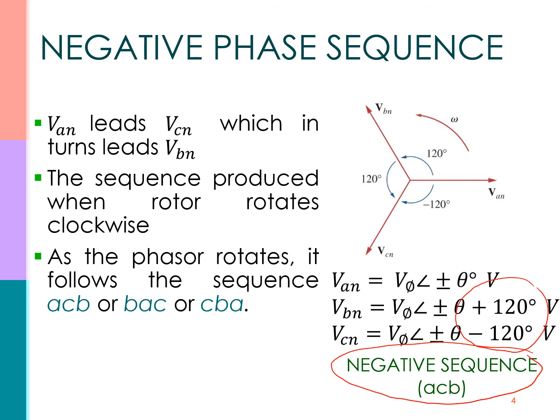As a negative phase sequence, the phasor rotates and follows the sequence A, then goes to C, then goes to B and rotates back to A. The sequence is produced when the rotor rotates clockwise. So from this figure, VAN leads VCN, which in turn leads VBN.